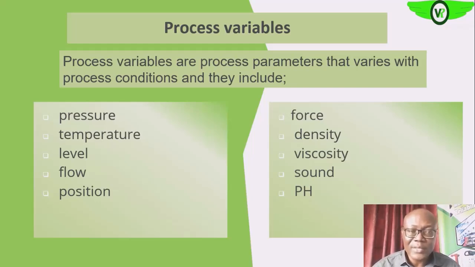Those are the ones we are going to be looking at in this program. But for all of them, as we'll see later, we have instruments that are used to look at them. They are called sensors. We have sensors for pressure, temperature, level, flow, position, force, density, viscosity, sound, and pH.